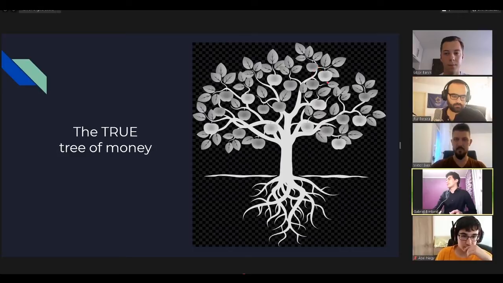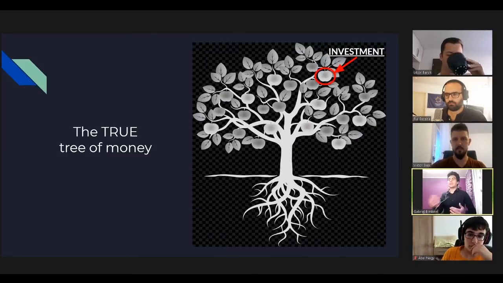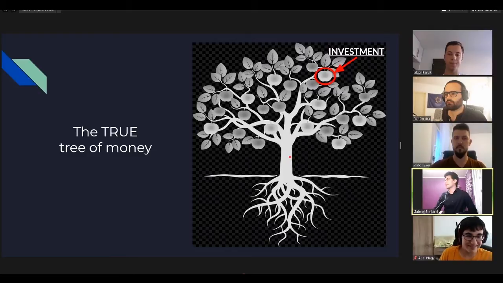The apples mean investment, the money that you make by investment, that you want to manage. If you want to have more apples, you need a strong tree body, a strong stem.